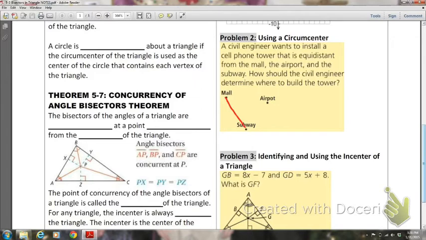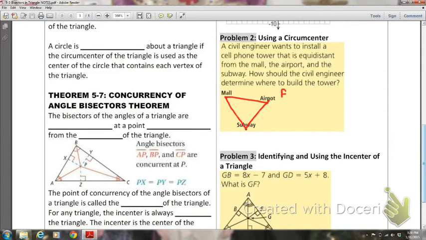If you look at the triangle that's formed by these 3 points, what does the civil engineer need to do to find a point that's equidistant from the mall, the airport, and the subway? Just by the definitions and theorems we've gone through, he needs to find the circumcenter of the triangle formed by these 3 points, because the circumcenter by definition is equidistant from each vertex.